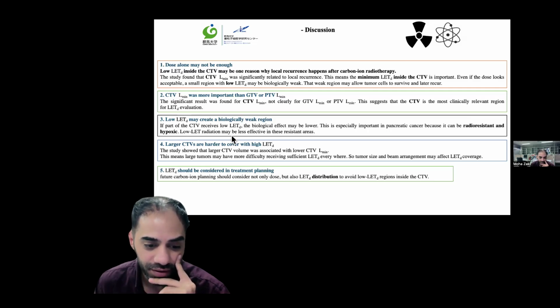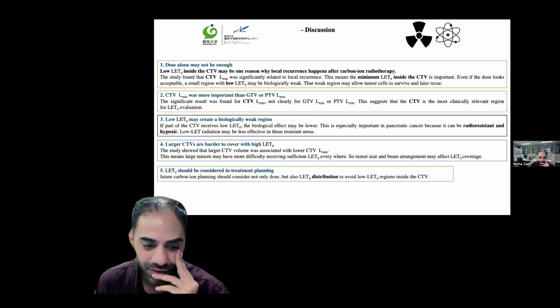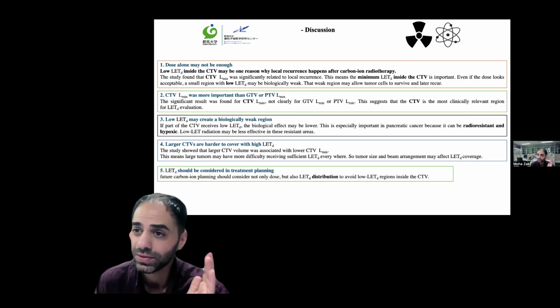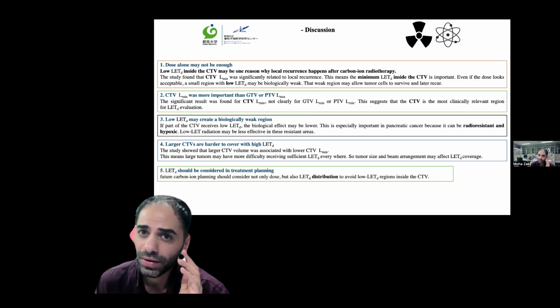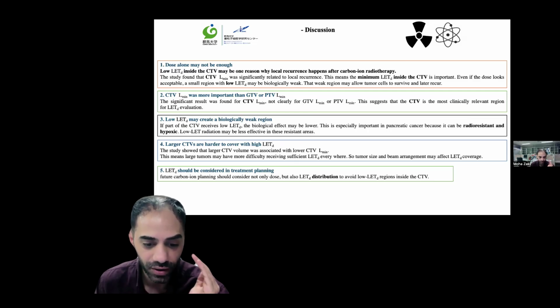The third point is that low dose average LET might create biologically weak regions. This is important specifically in pancreatic cancer because pancreatic tumors can be radio-resistant and hypoxic. The fourth point is that larger clinical target volumes are harder to cover with high dose average LET.